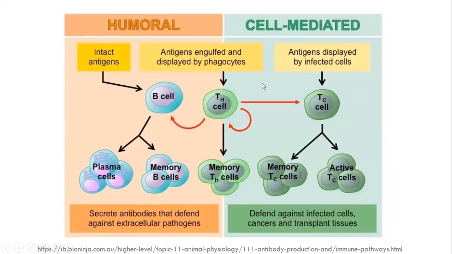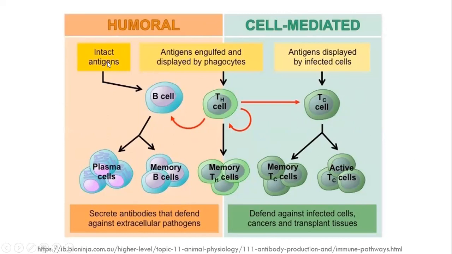Again, it has been clearly mentioned here: humoral and cell mediated. Humoral is B cell mediated. The cell mediated is T cell, two types of T cells. Mainly the T cell works by defending against cancer and transplanted tissues. But you see the crosstalk here again.